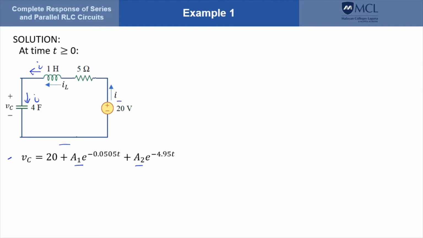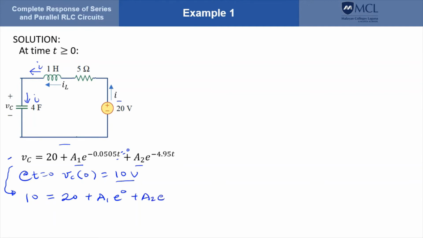We can use the initial condition of the capacitor, which states that at t equals 0, the voltage there is equal to 10 volts, the one that we computed a while ago, and therefore we can write here 10 equals 20 plus A sub 1 e to the 0, because we have t equals 0, plus A sub 2 e to the 0, and that should give us A sub 1 plus A sub 2 equals negative 10.